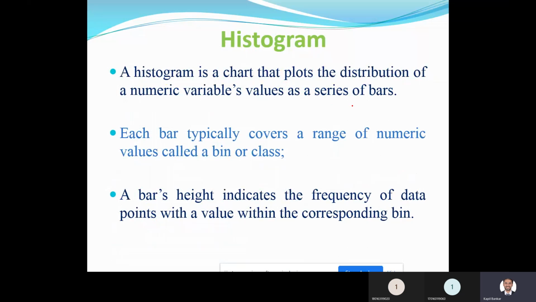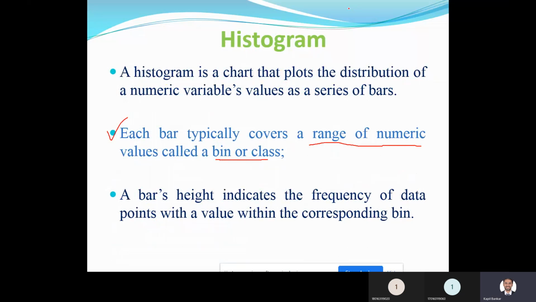A histogram plots the distribution of numeric values as a series of bars. So on a histogram, a number of bars are there that show the occurrence of your particular event. Each bar typically covers a range of numerical values, and this is called a bin or class.